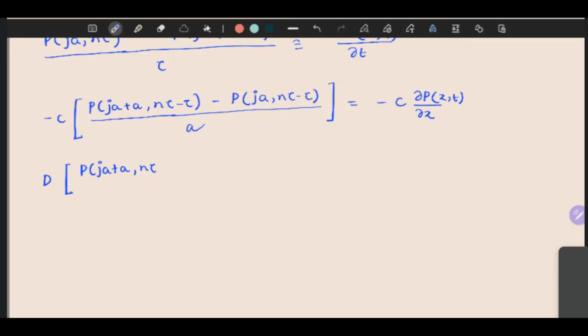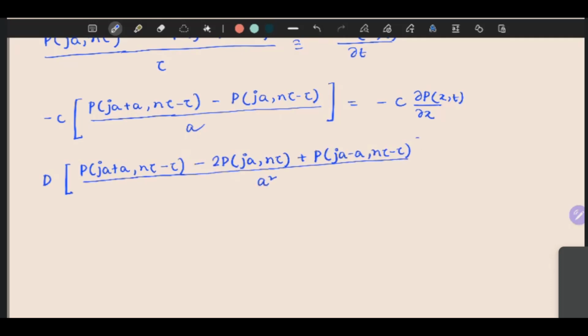Okay, so now it comes to p n t minus tau minus 2p J A n tau plus p J A minus a n tau minus tau, divided by a squared.